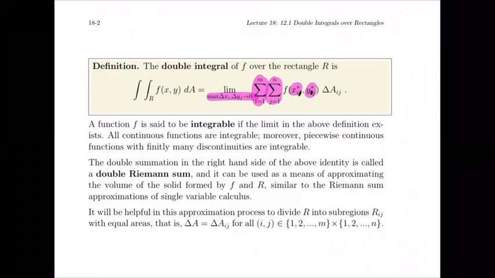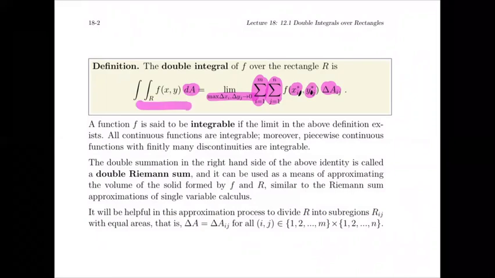So we're producing more and more rectangles to fill in that region. So we eventually reach infinitely many subrectangles of infinitesimal size or infinitesimal area, and we'll have dA as that infinitesimal area, and we get our actual exact volume from this.